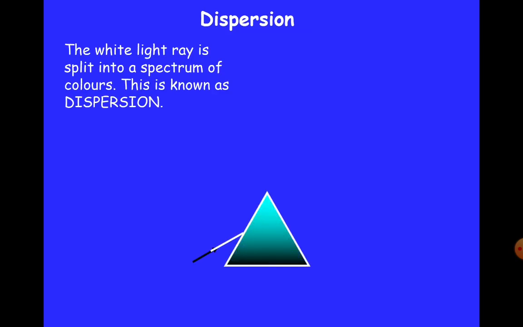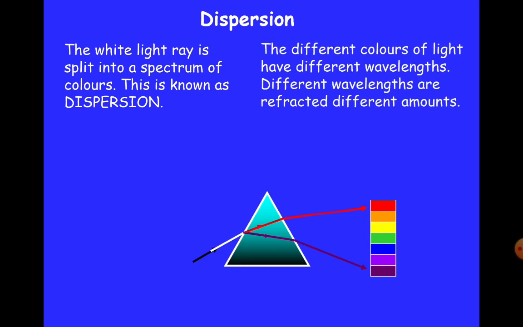What will happen if we shine white light on a prism? The white light is going to split into a spectrum, and we call this dispersion. The different colors, red, orange, yellow, green, blue, indigo and violet, are going to split up because they are going to refract in a different way.